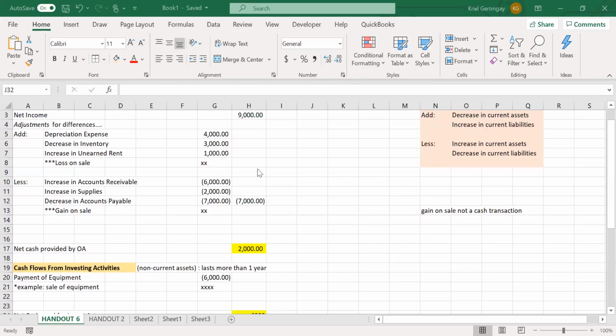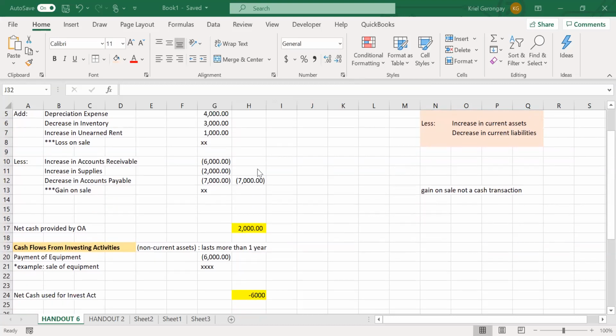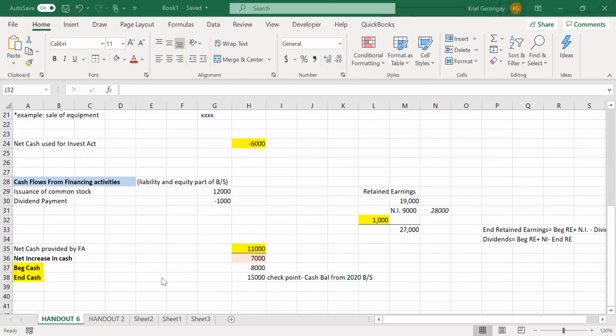Can you explain one more time how you got the beginning cash? Oh, sure. For the beginning cash, if you go back to handout 6 and look at the cash account, in 2019 it has a beginning balance of 8,000, right?